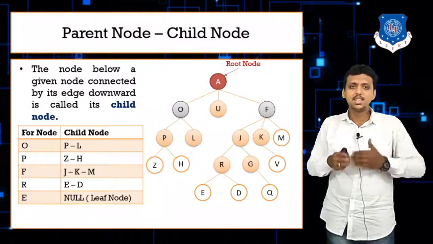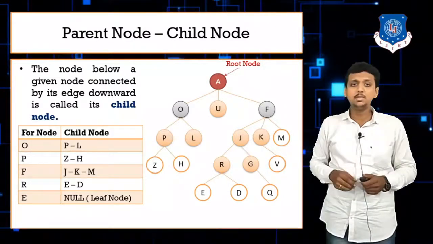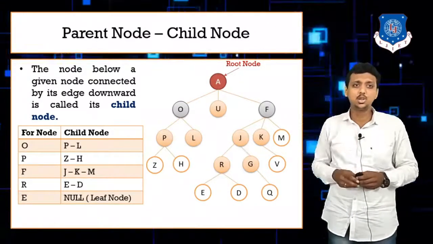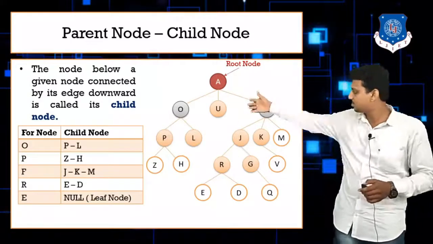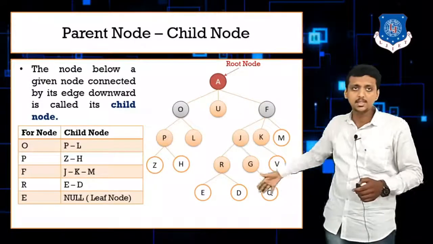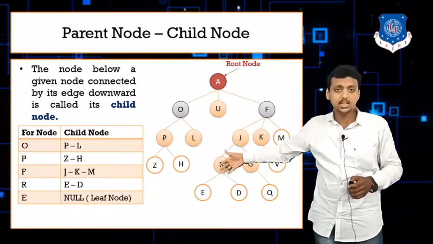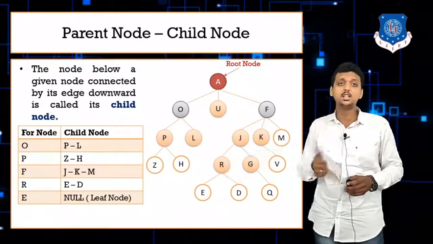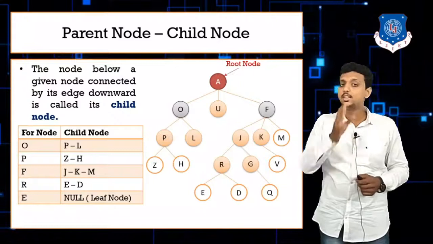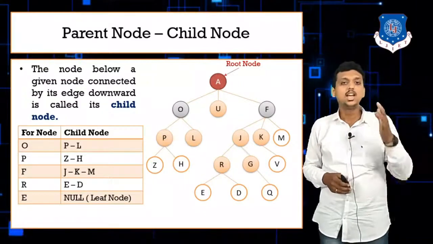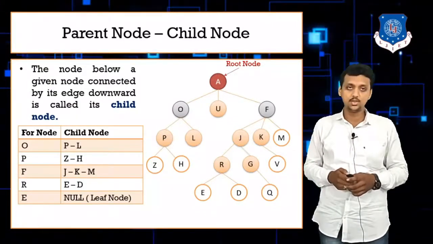Same like that. Can you tell me which is the child node for node E? See students, is there any child node for E? Yes or no? No. That means null. A node that does not contain any child node is known as a leaf node. Fine.